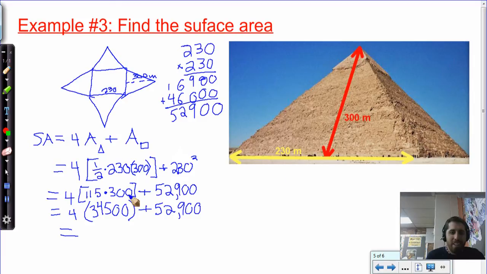Again, let's just do this mentally. 4 times 0 is 0. 4 times 0 is 0. 4 times 5 is 20. Carry 2. 4 times 4 is 16. Plus the 2 is 18. Carry a 1. 4 times 3 is 12. Plus 1 is 13. So 138,000 plus 52,900.